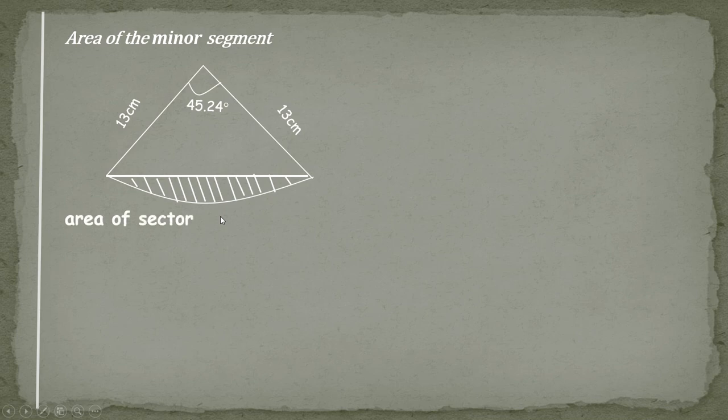So the area of the sector minus the area of the triangle, we can substitute. Area of the sector will be theta out of 360 pi r squared. Now minus the area of the triangle. Realize that this triangle is not right angled, but that should not be an issue.